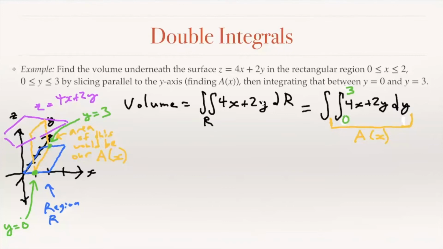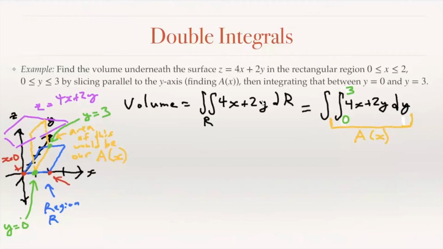Okay, and then once we find that area A of x, of that yellow guy, we will want to add together all of those little areas, dx, to give each area a little tiny volume, and add together all of those between x equals 0 up to x equals 2.